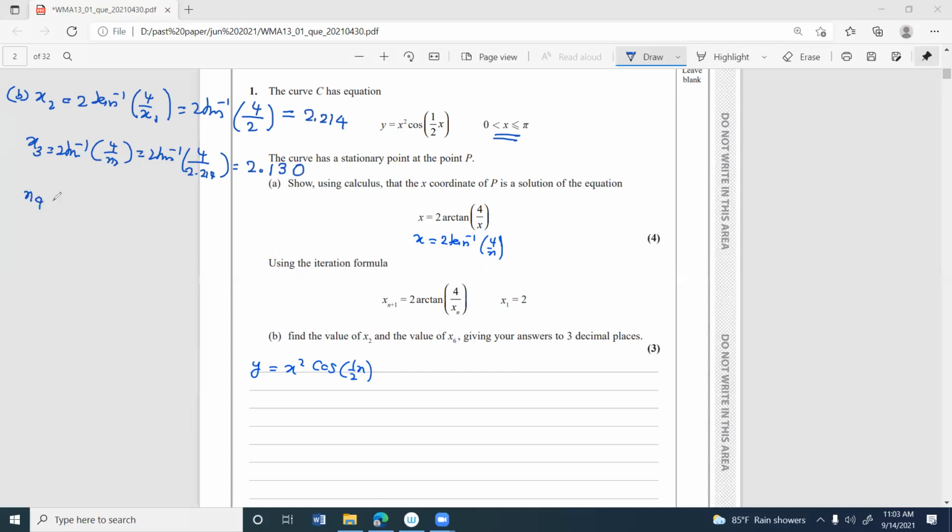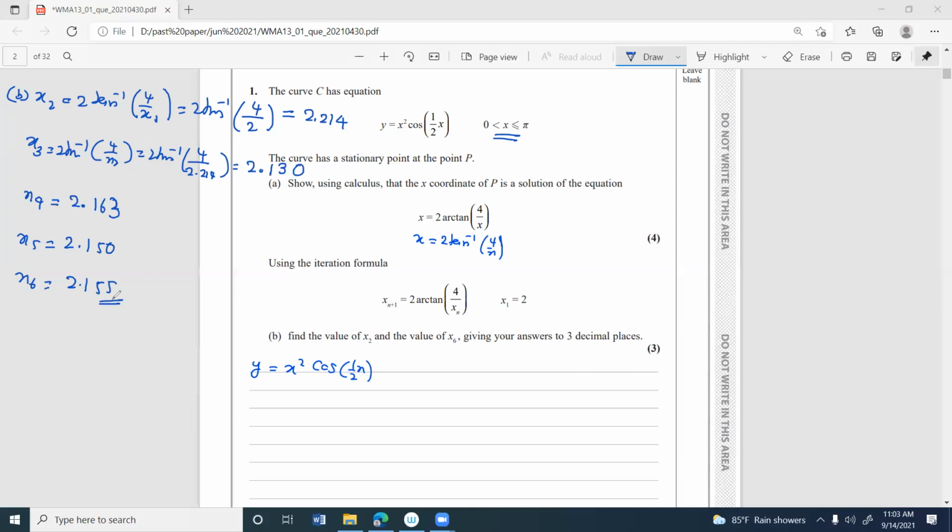Then x4, if you do the same thing, you get x4 as 2.163 actually. Then x5 becomes 2.150 and x6 becomes 2.155, which would be the final answer for this question.